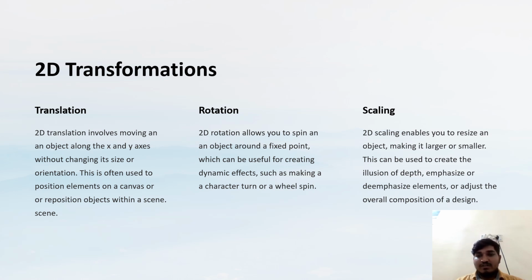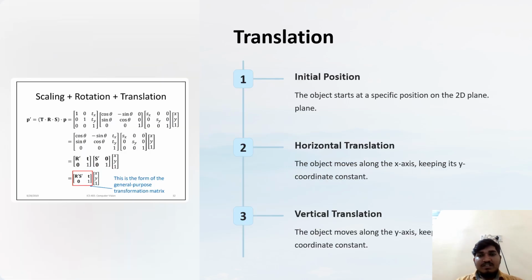And coming to the scaling, 2D scaling enables you to resize an object, making it larger or smaller. This can be used to create the illusion of depth, emphasize or de-emphasize elements, and adjust the overall composition of an object.